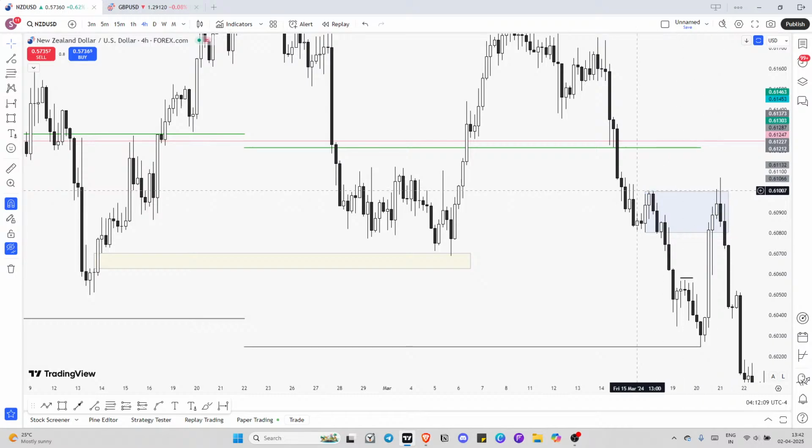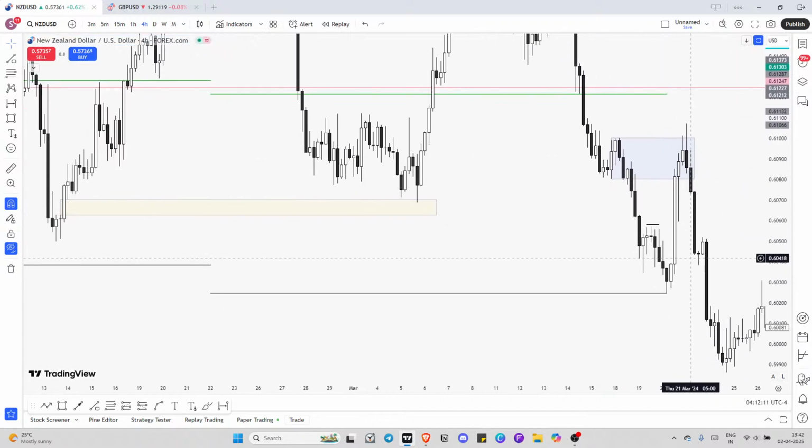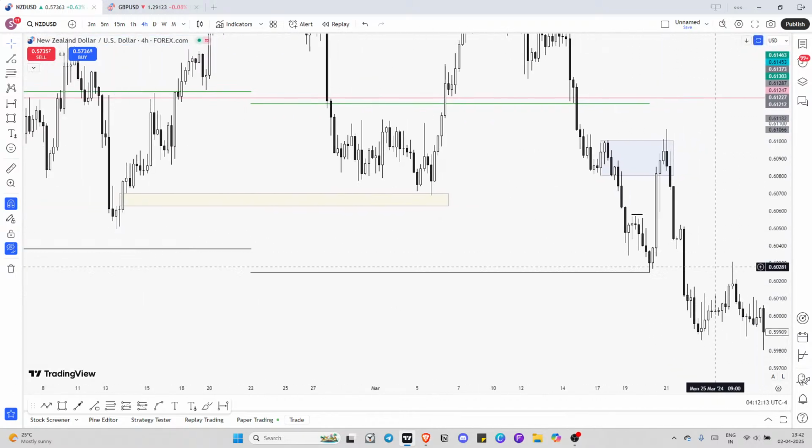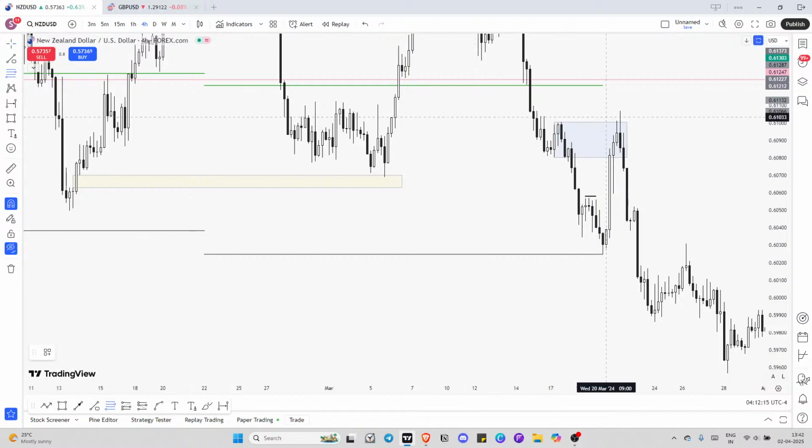But this is a high liquidity taken. So now we confirm that it's sitting in the down. This is the first liquidity. Took out the liquidity.